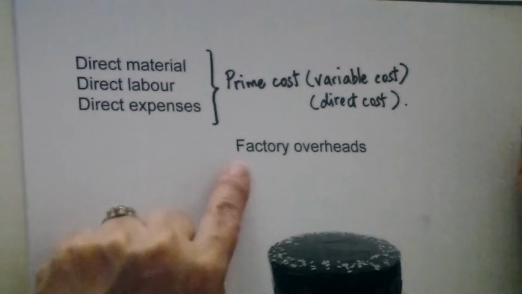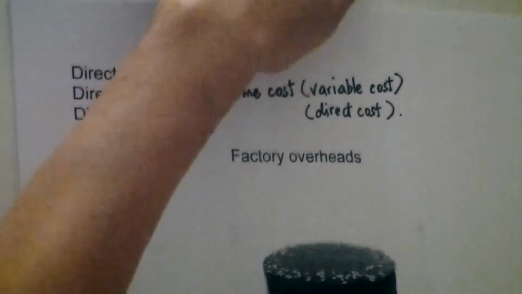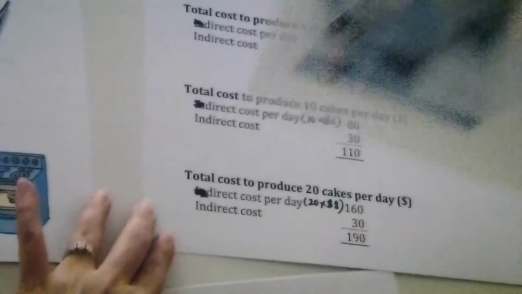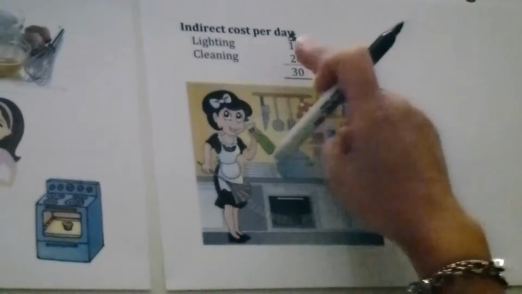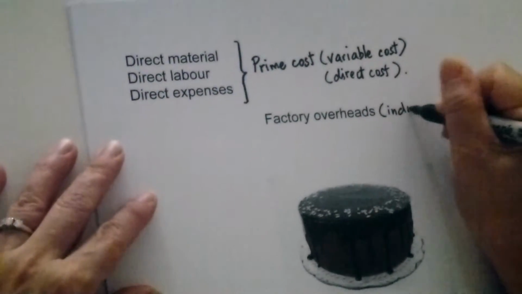Now here, this is your factory overheads. Factory overheads here is your indirect cost.